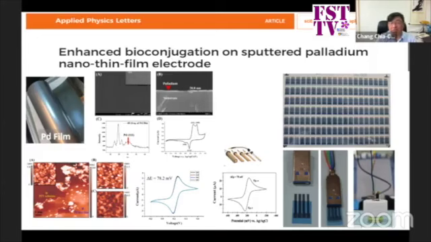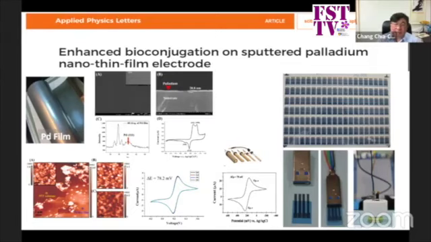However, this kind of crystalline substrate is relatively expensive, and not good for biosensing purposes, especially if we need to polish the electrode again and again. It's not convenient for point of care or on-site detection. So it's important for us to develop a surface active electrode.